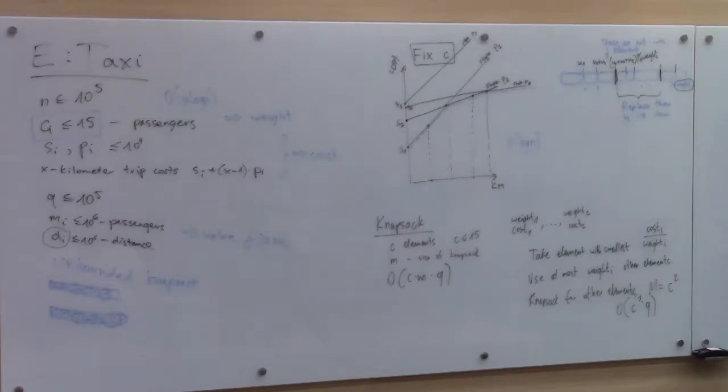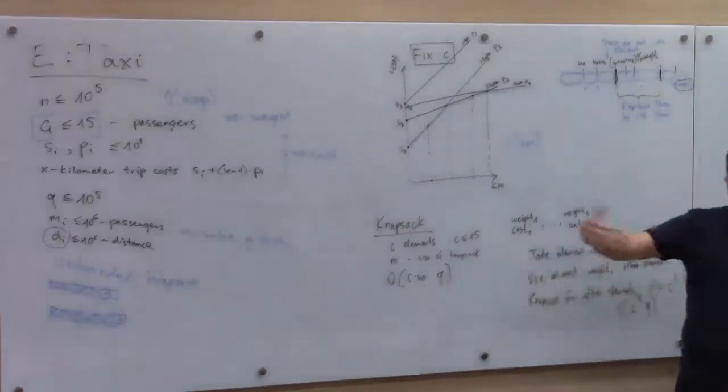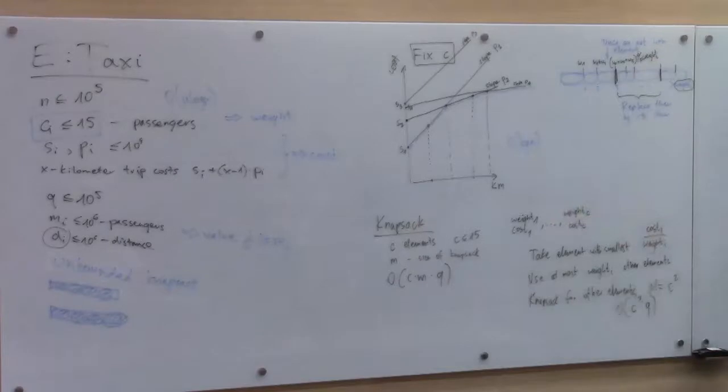Okay, so we have this knapsack for other elements, and if the size is big, what we really need to do is take the remainder of this knapsack and fill it greedily with the elements of the smallest cost.